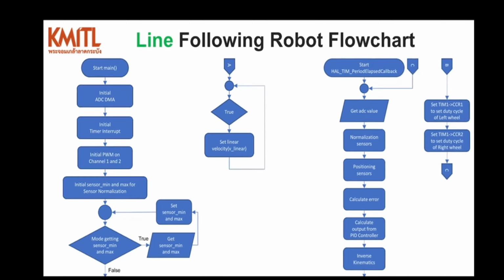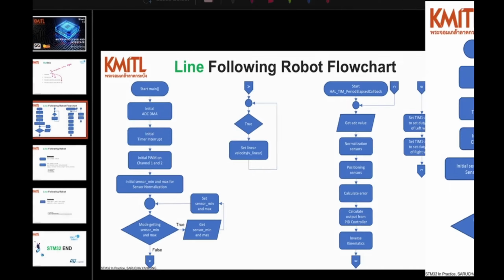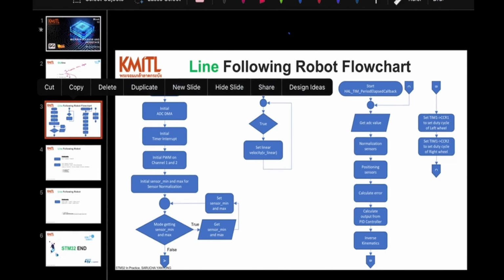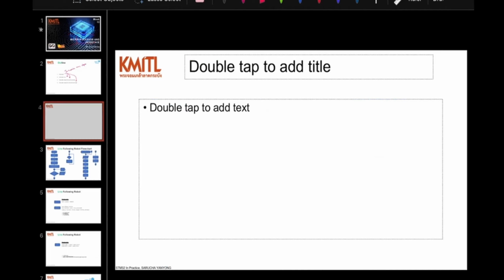Firstly, to make the robot, we have to make a robot follow the line, right?